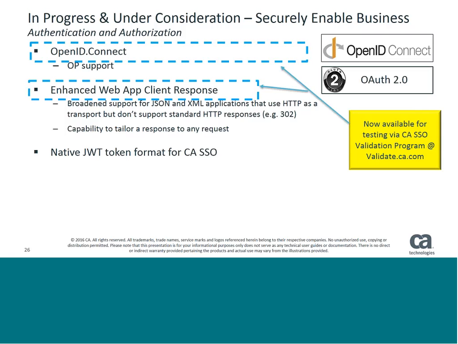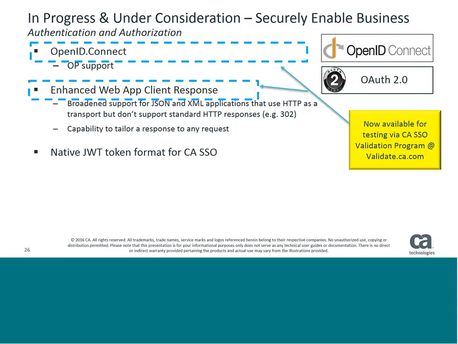Please download the kit, play with it, and give us your feedback. Another feature that you see on the screen, which you also have in the validation kit, is the enhanced web app client response. Basically, we just brought in the support for JSON and XML applications that don't use HTTP as a transport protocol.